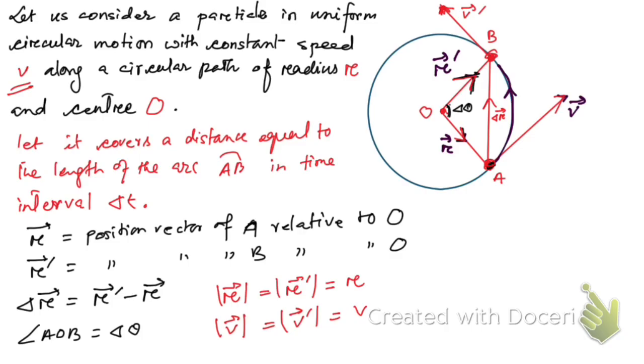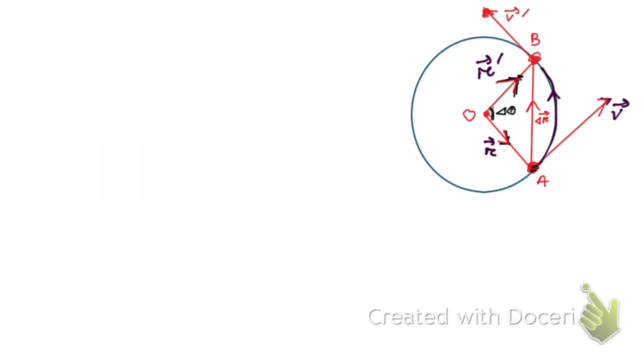So now let me go to the next slide. So here is the diagram. Now here you see, first let us take triangle OAB. This is r vector, and the length of OA will be equal to the magnitude of r vector, and the length of OB will be equal to the magnitude of r dash vector.